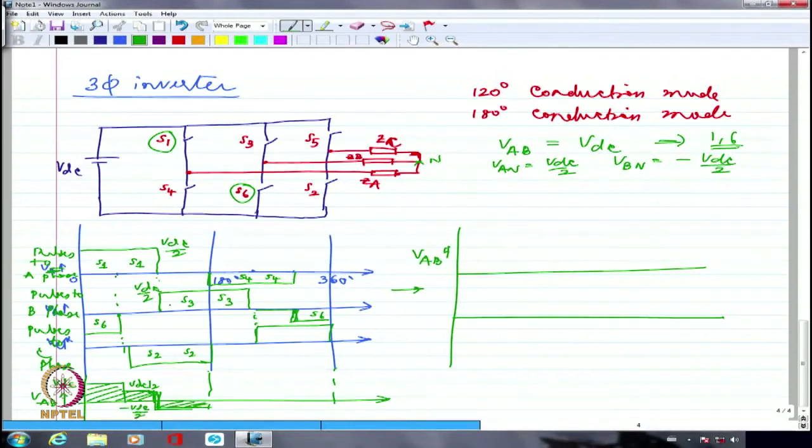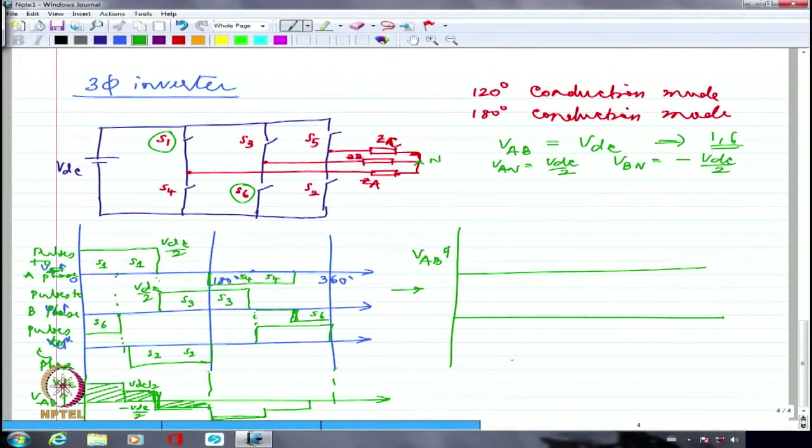After that, I am going to have this and 4, both of them conducting. So I am going to have minus VDC by 2 minus VDC by 2, so that will be minus VDC. So I am going to have a voltage like this, which is actually minus VDC. Then this is going to be just minus VDC by 2 itself.